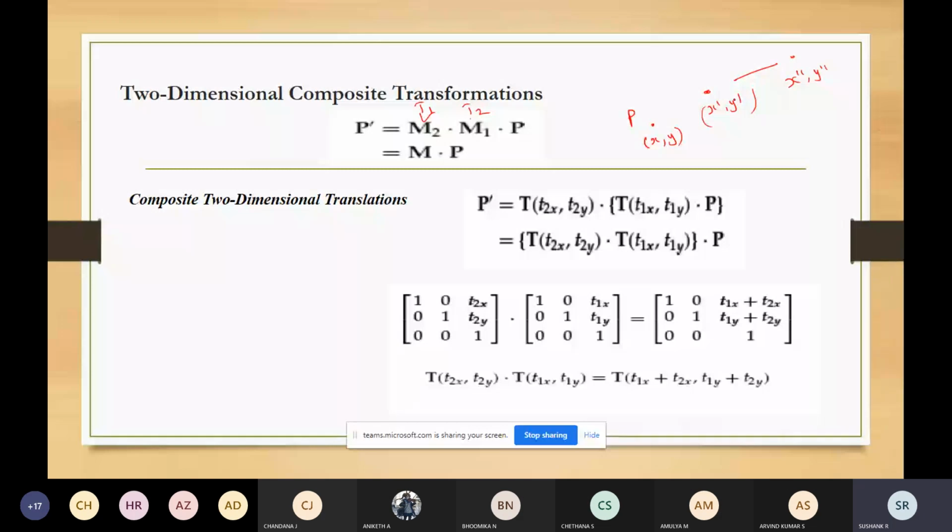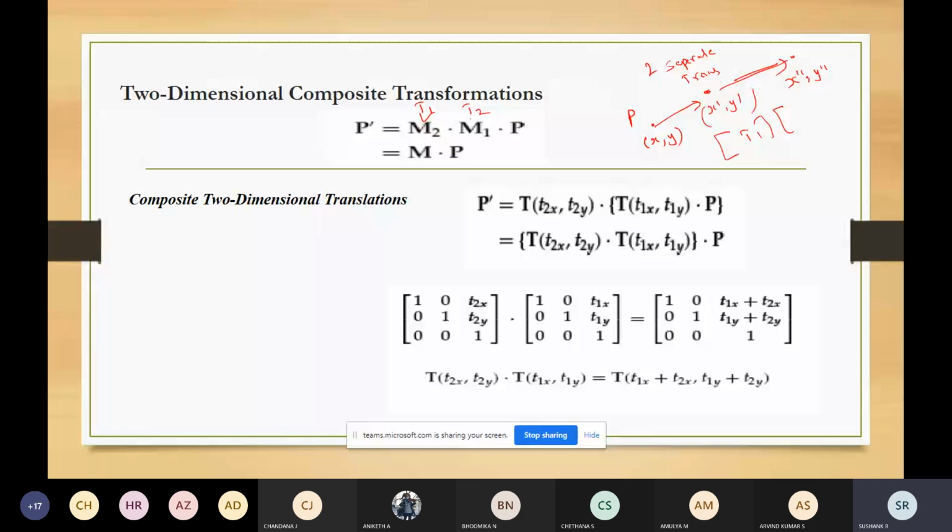Instead of performing two separate translation operations, moving from this point to this point and again from this point to this point, I can multiply these matrices, because you know that x dash y dash can be represented as T1, and x double dash y double dash can be represented as T2.